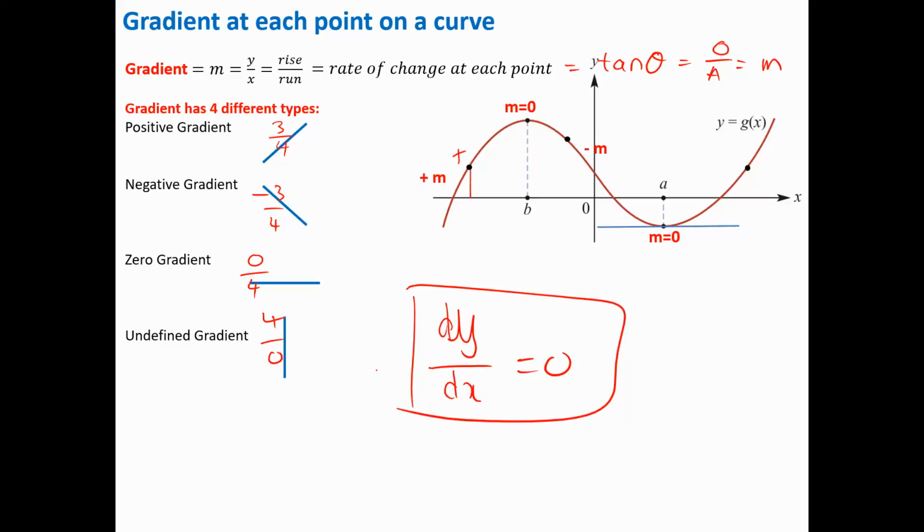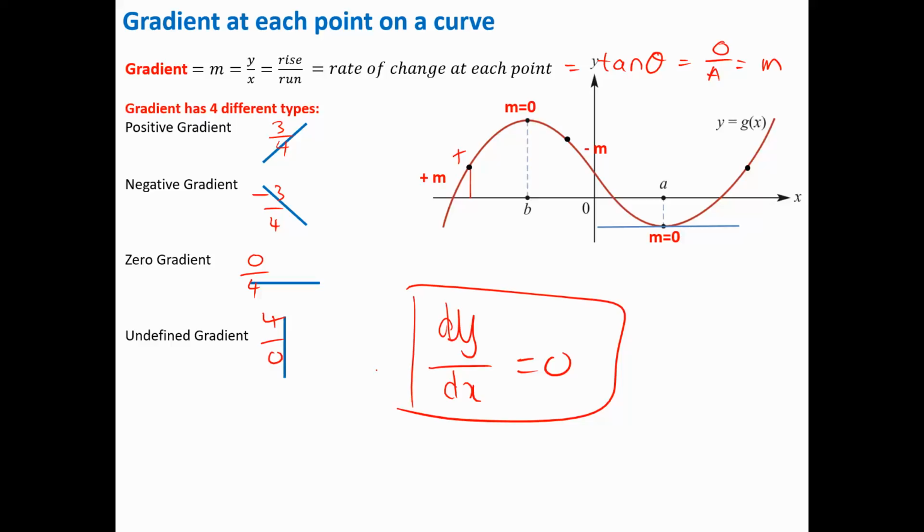It wasn't just a random rule. The idea was we're just saying the gradient is 0 at a maximum or minimum, which makes sense because you're just analyzing the graph and you're like, oh wait, every time you reach the maximum, the rate of change is 0. Rate of change meaning that you're not going up or down, you're just moving left or right. And that's why it becomes 0 over 4, and we call it a zero gradient. So that's why you say let that equal to 0.